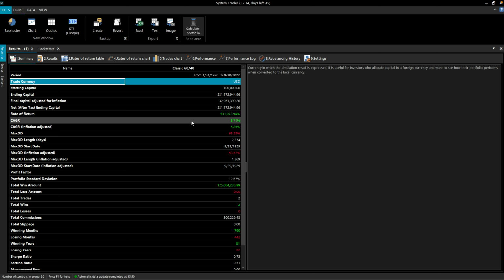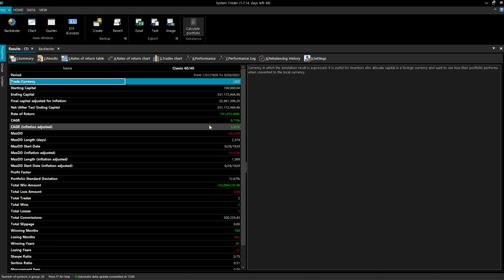Rate of return, it's self-explanatory. CAGR, which is the compounded annual growth rate, is just giving you the answer to the question how much profit you had each year on average. So on average, we had almost 9% for that period of time.